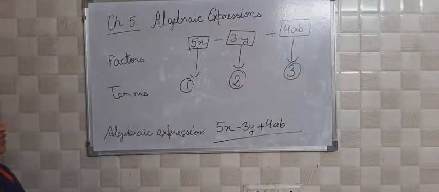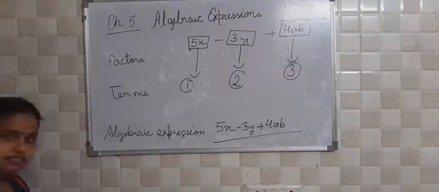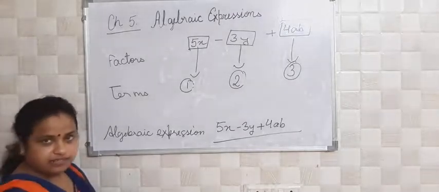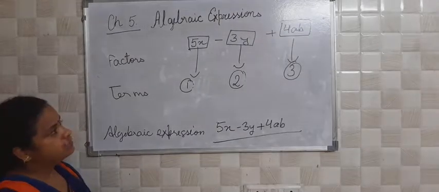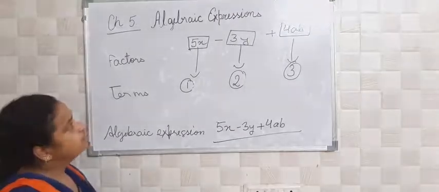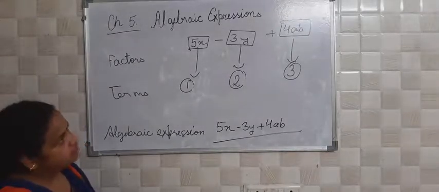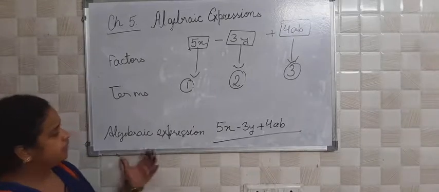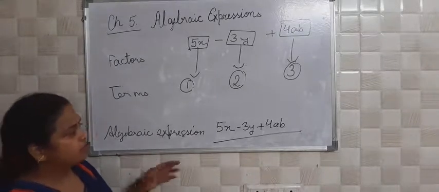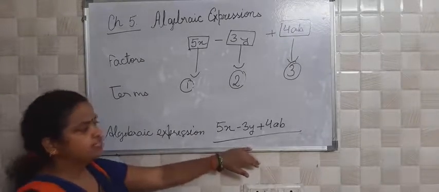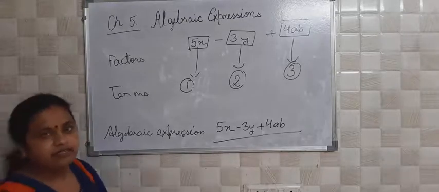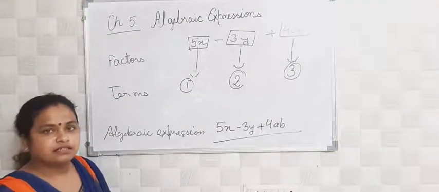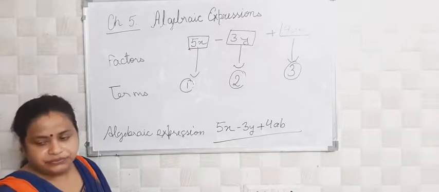Okay students, so what is an algebraic expression? A combination of terms; we have to see how many terms there are and that they are separated by plus or minus symbols. We saw in the first line that they are separated by plus or minus symbols, and at last all combined together they become one expression, which is said to be an algebraic expression. Now is it clear to you all?